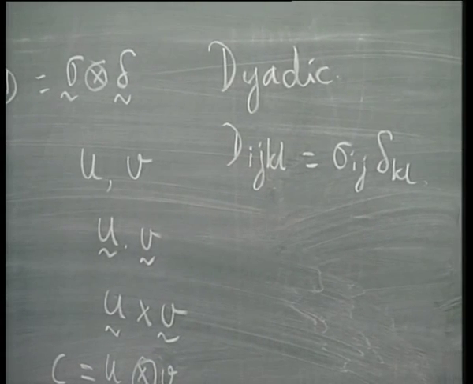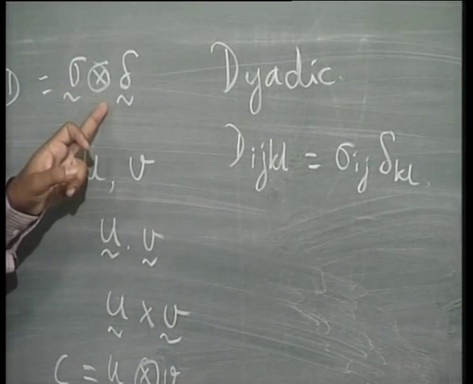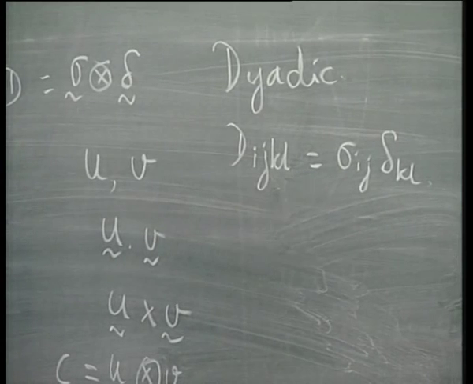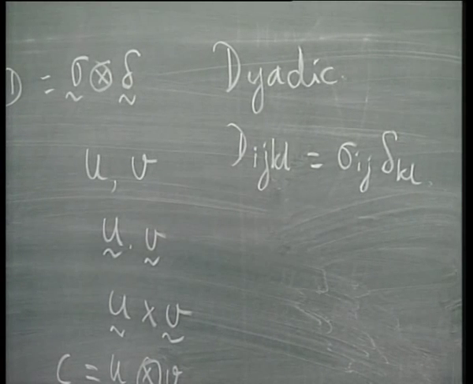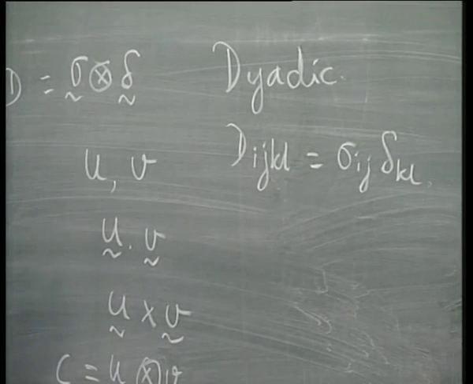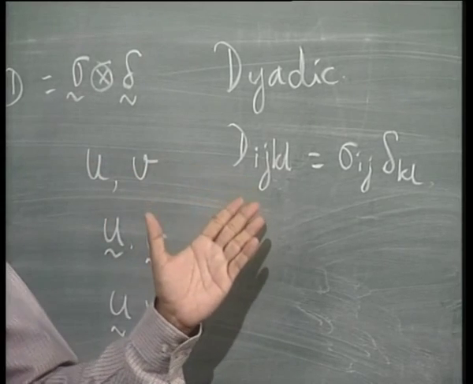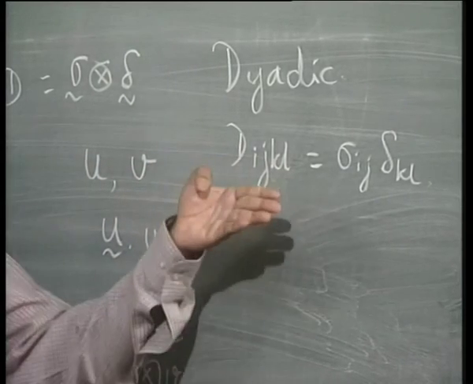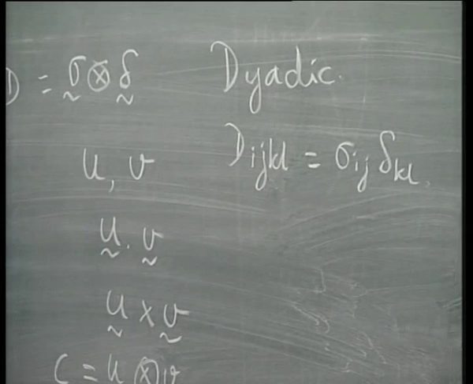Is that clear? So whenever I put this operation, due to some physical phenomena that is taking place, the result will be a fourth order tensor whose components will be given by this operation.